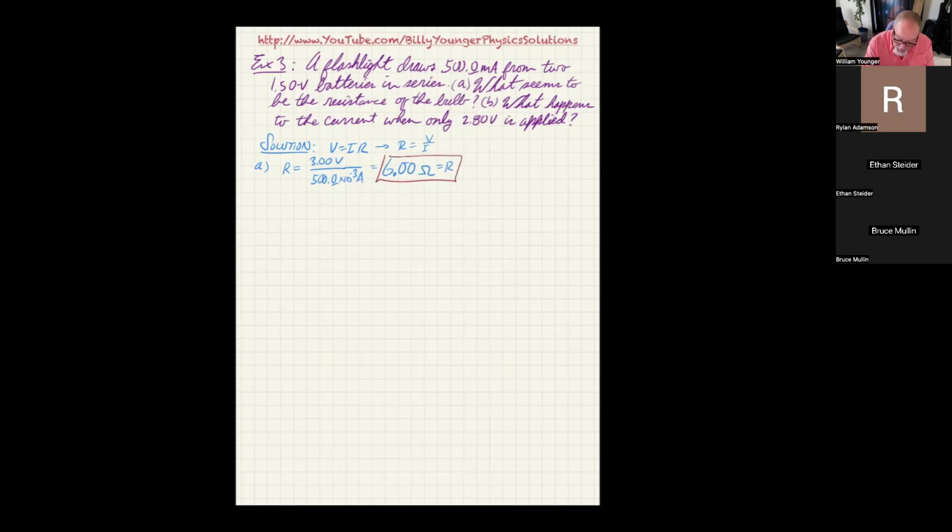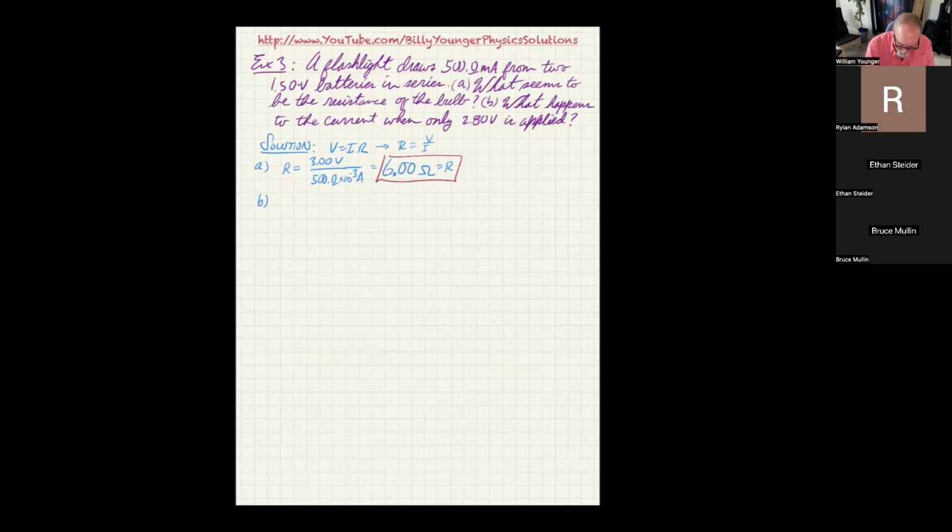Now in the second part, what they're asking for in part B is, what if instead of having a full 3.00 volts to put across the light bulb, what happens if we put 2.80 volts there? We're going to go on the assumption, and from your lab this is not necessarily a very good assumption, that the resistance of the light bulb doesn't change significantly.